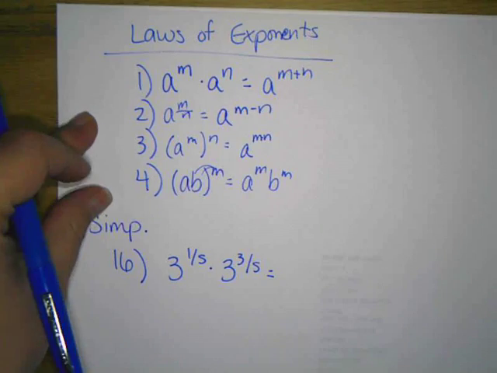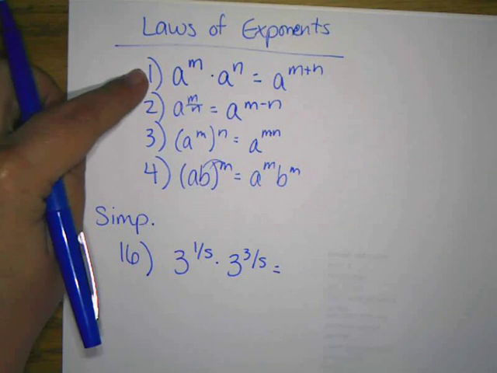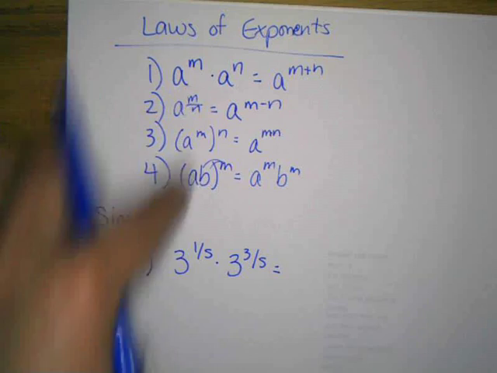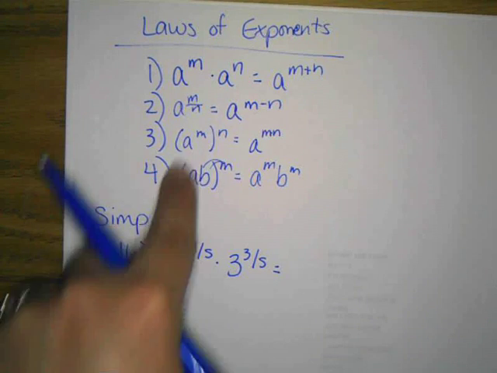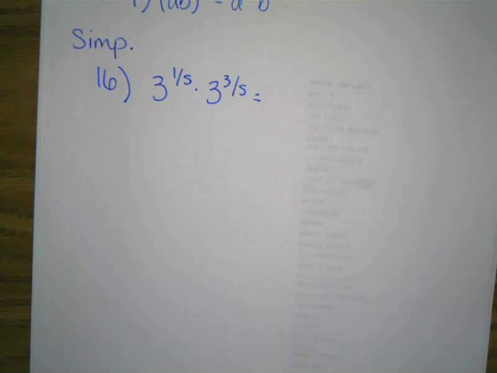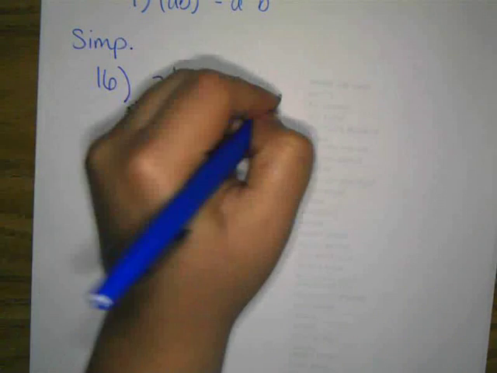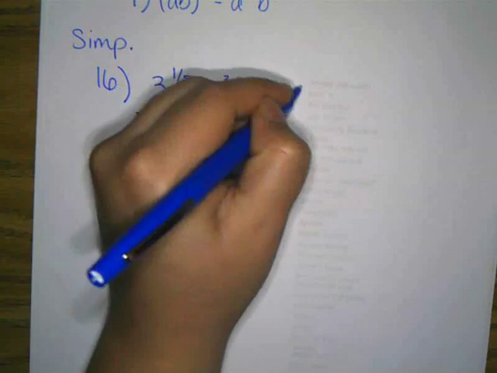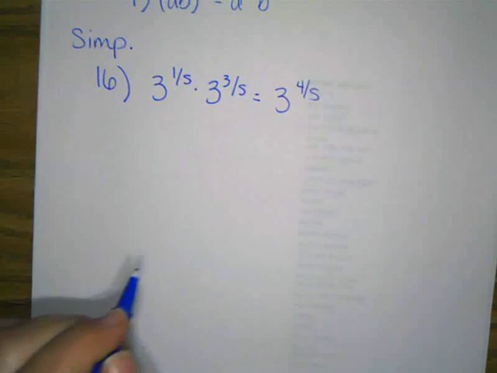Look back up here. It looks just like rule number 1. The bases, in this case, are 3's, and the exponents are different, so we need to add them. And I am so kind to give you common denominators, so you can add 1/5 plus 3/5, so we get 3 to the 1 plus 3 is 4/5.